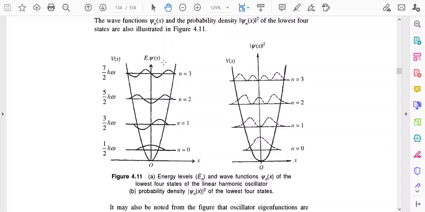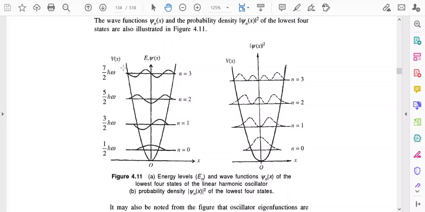Now why there is a parabola was already discussed in the previous lecture, but still I am mentioning that this parabola comes for the potential V x, because V x is equal to half k x square.